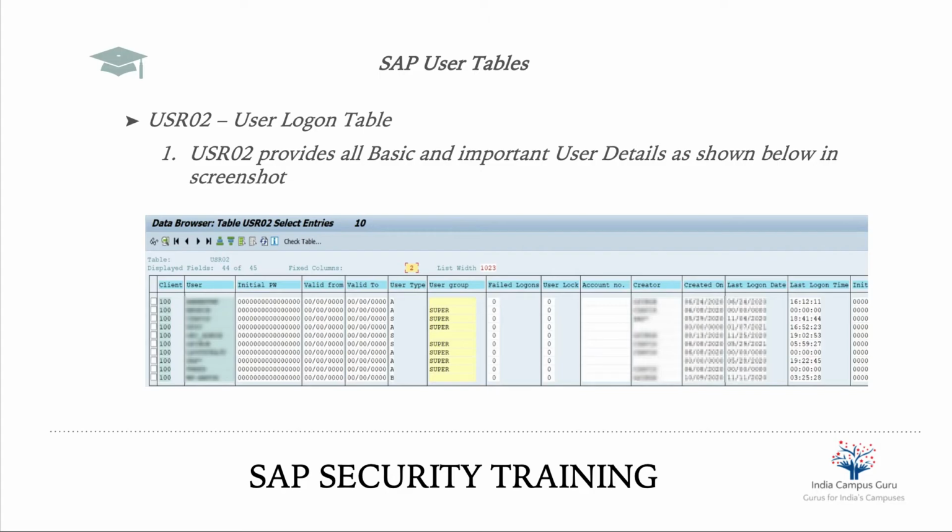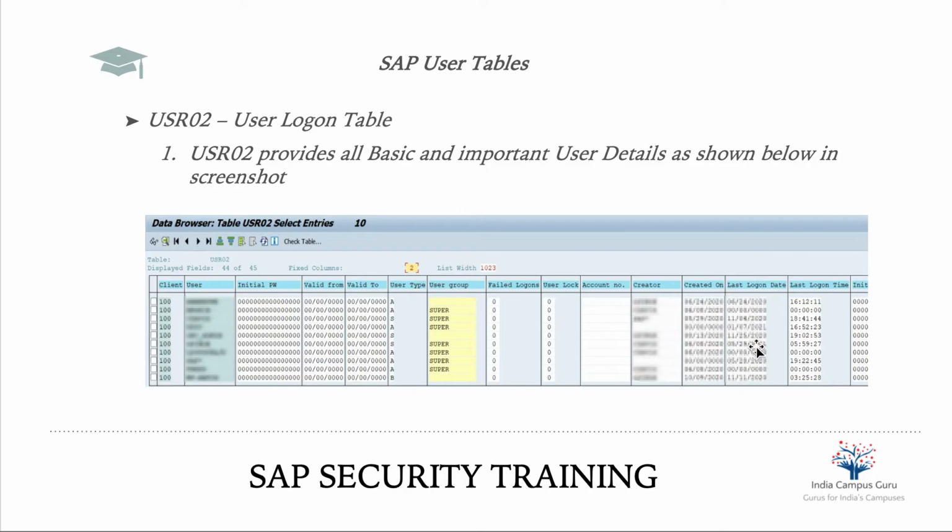We talked about user types in our last video, so if you haven't seen it, please go and look for that video. We did talk about user groups as well, but I will have another video focusing on user groups in the next few weeks. And then you can see whether the user has had a failed logon attempt, whether the user is locked, who created that ID, what time it was created, and even the last logon date.